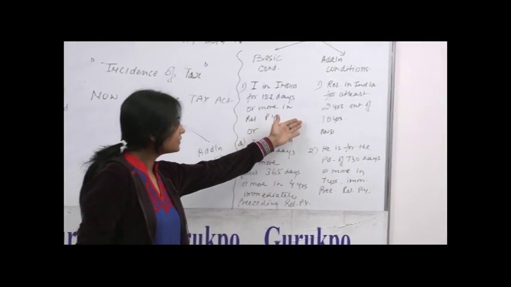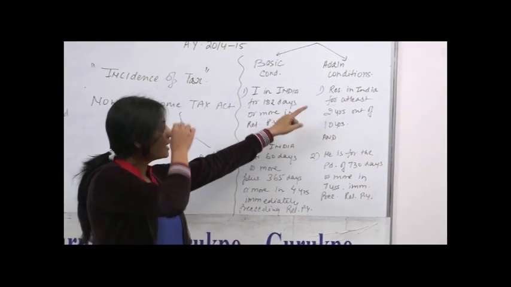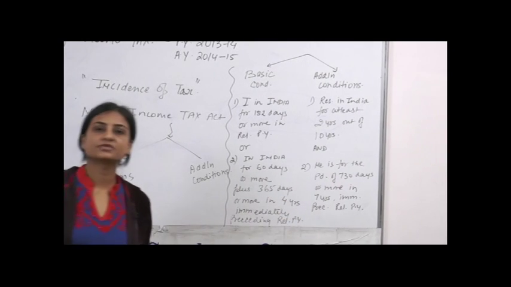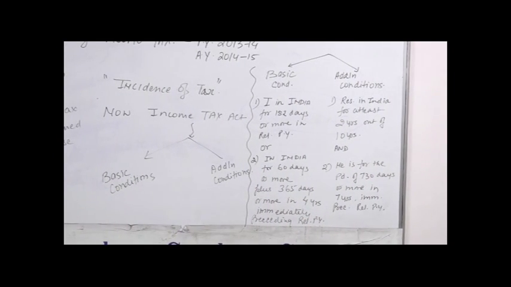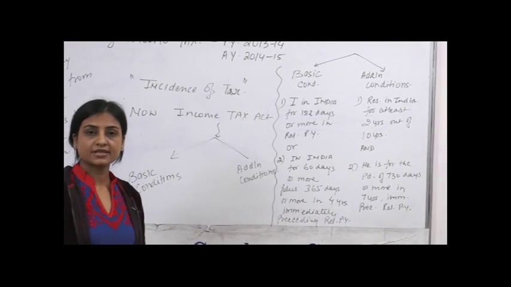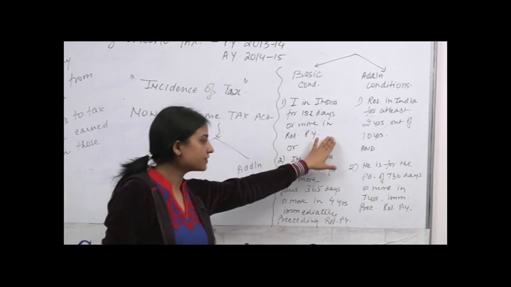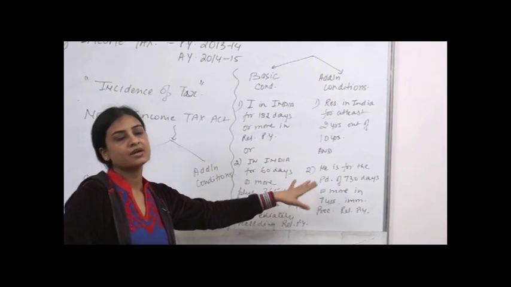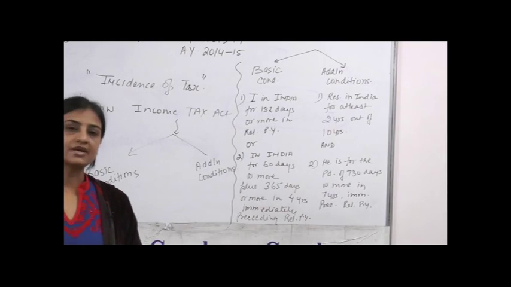Now if that individual is satisfying both the conditions, he'll become resident and ordinary resident, and if that individual is satisfying any one of the conditions, he'll become resident but not ordinary resident, or if he is not satisfying any of the conditions, he'll become resident but not ordinary resident in India.